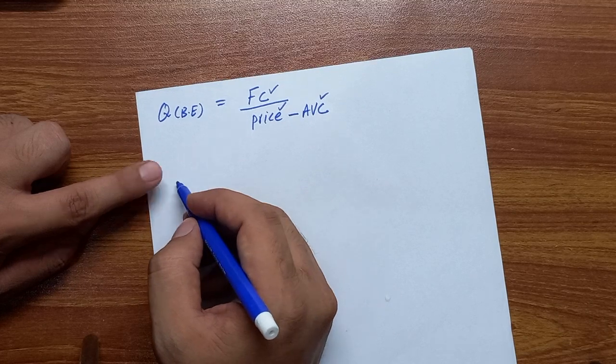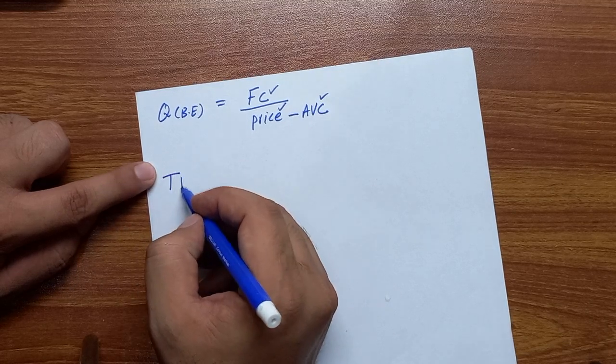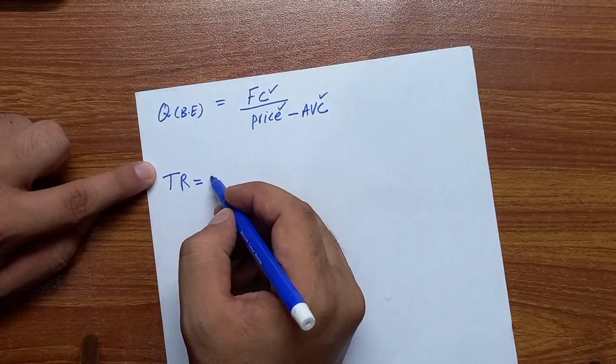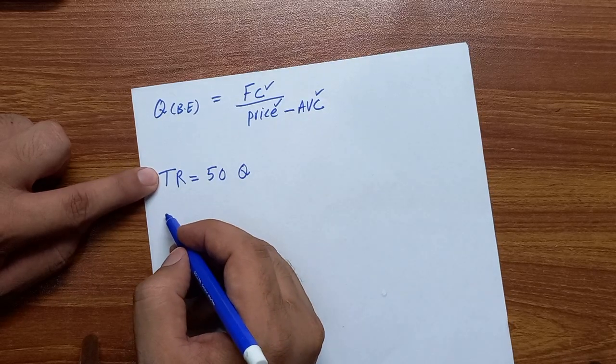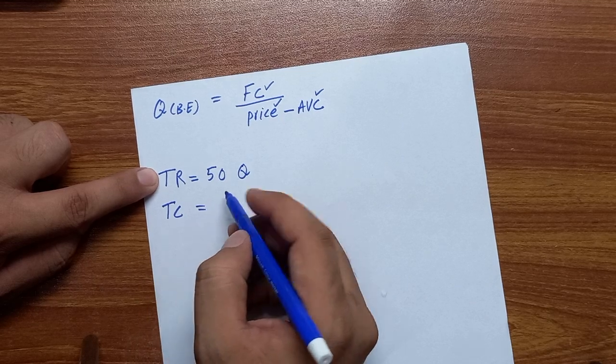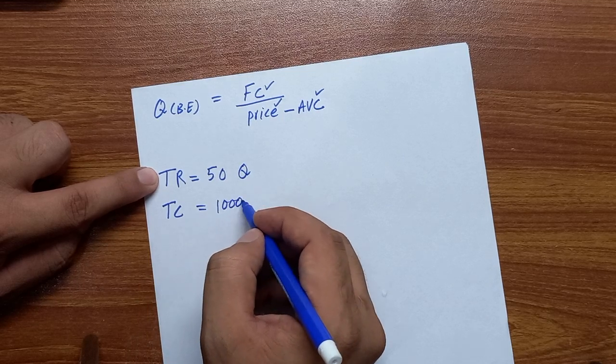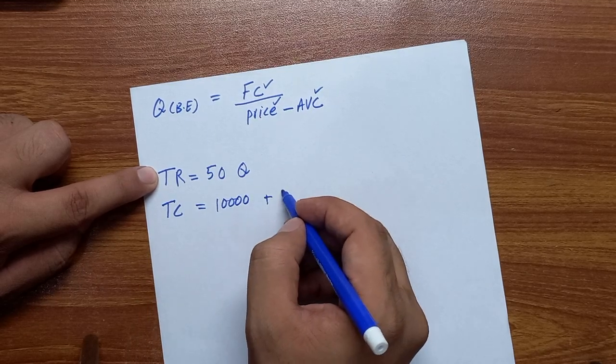From the question, we should find price, average variable cost and fixed cost. In total revenue we have 50Q, and total cost is 10,000 plus 30Q.